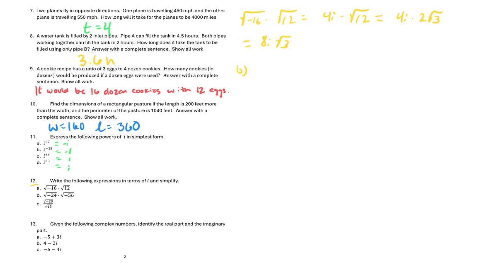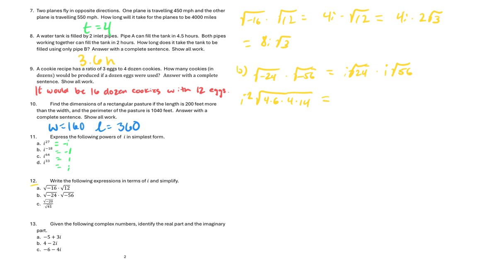And part B, square root of negative 24 times square root of negative 56 is equal to i root 24 times i root 56. So we're going to get i squared times, and we're going to start factoring these. So 24 is 4 times 6 times 56 is 4 times 14.